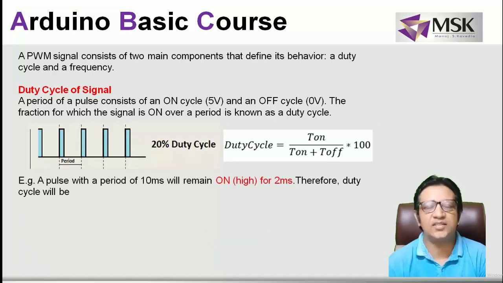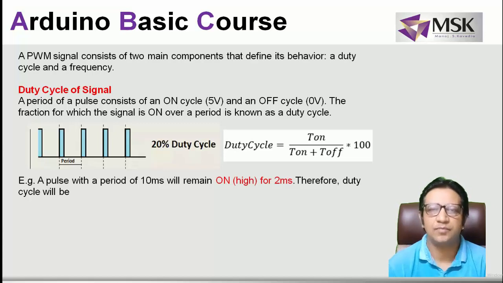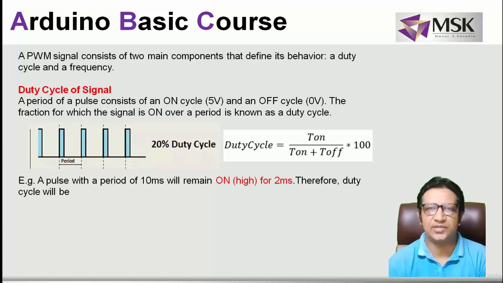Now let's say for example, if my total time T is 10 milliseconds and on time is 2 milliseconds, at that time my duty cycle is 20%. So you can see 10 milliseconds total, and 2 milliseconds as on time.